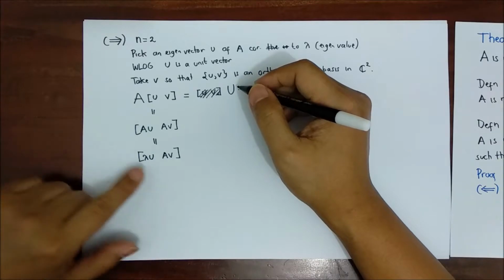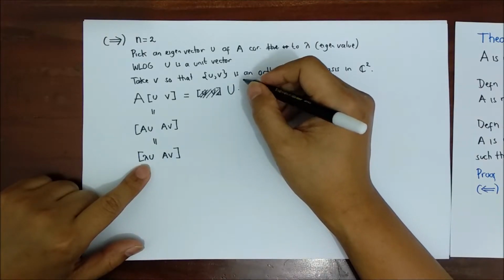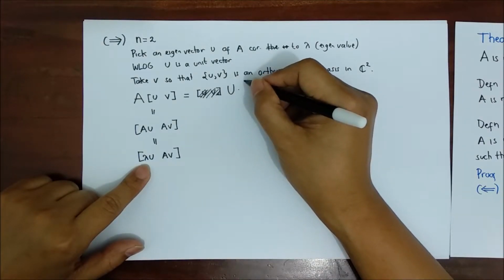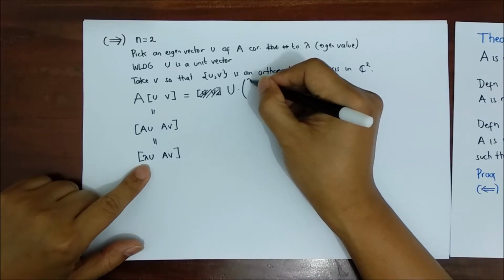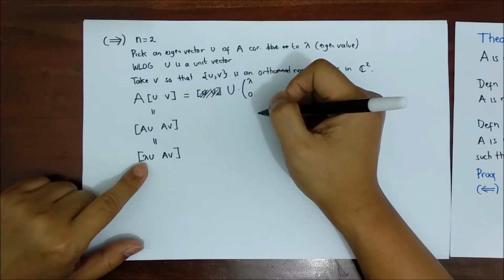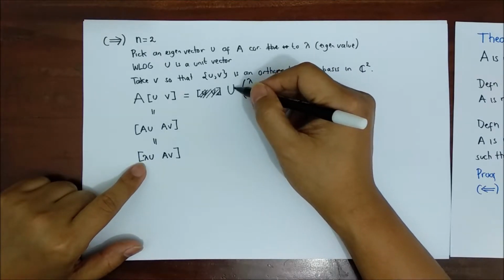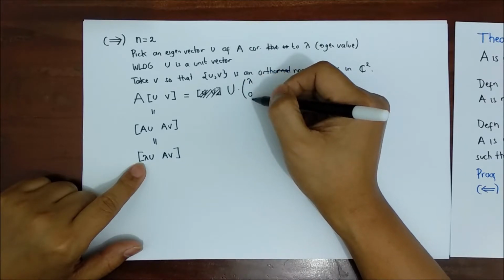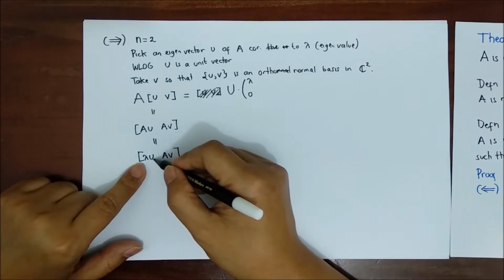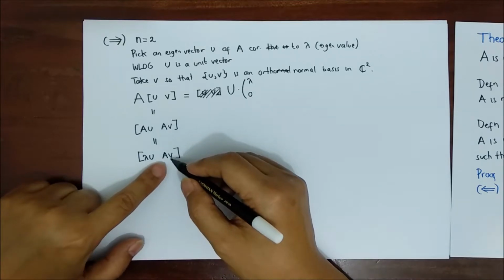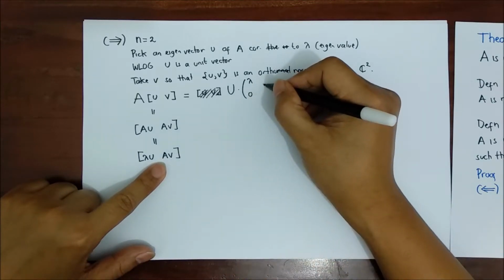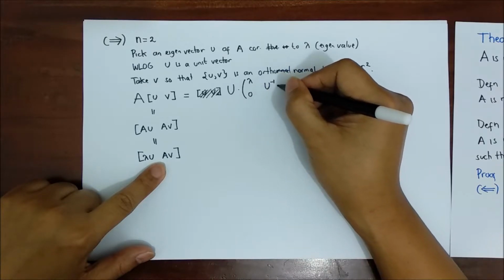On the other hand, lambda u can be obtained by multiplying u with the vector (lambda, 0). So if we multiply u with the vector (lambda, 0), we exactly get lambda u. And then in order to get Av, we just multiply here with u inverse Av.